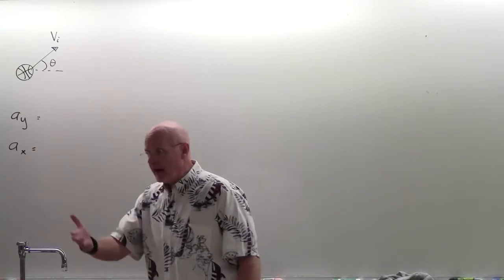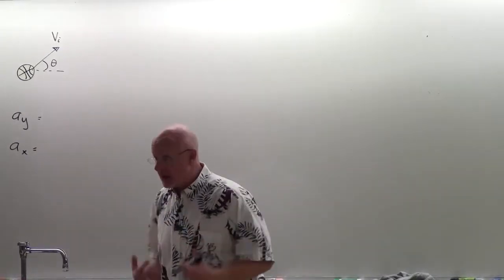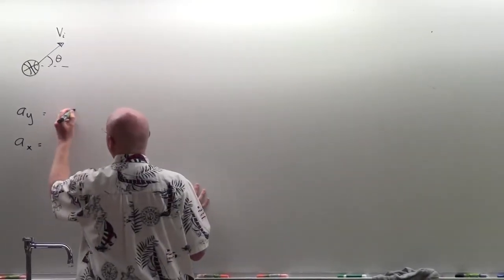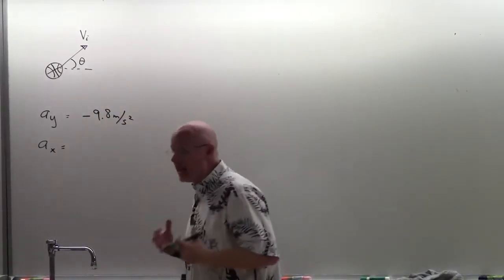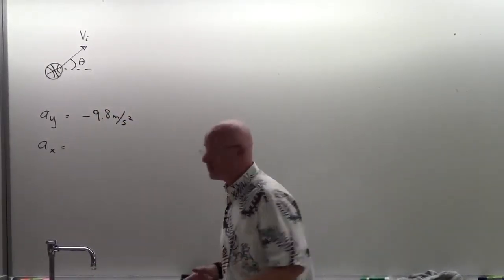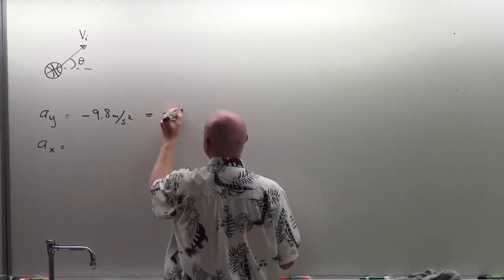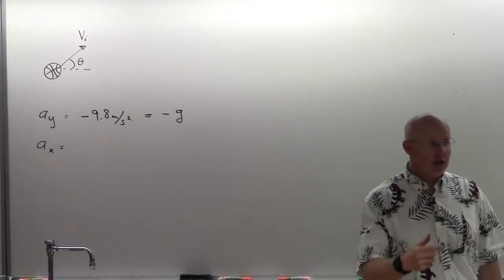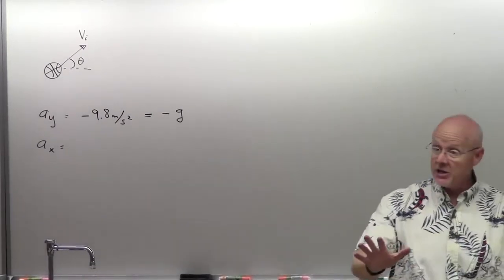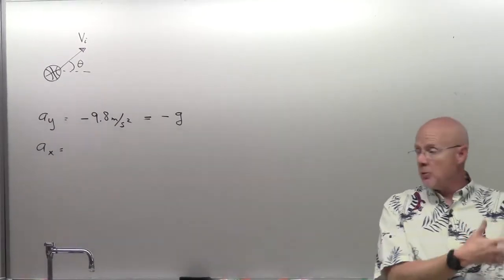And I think you learned that in 102, and I am glad you are telling me that the acceleration in the y direction is negative 9.8 meters per second squared. We like to write it as negative g. Right? That's the acceleration, but that's in the y direction. That hasn't changed. We learned that in the first lab when we dropped Bob.